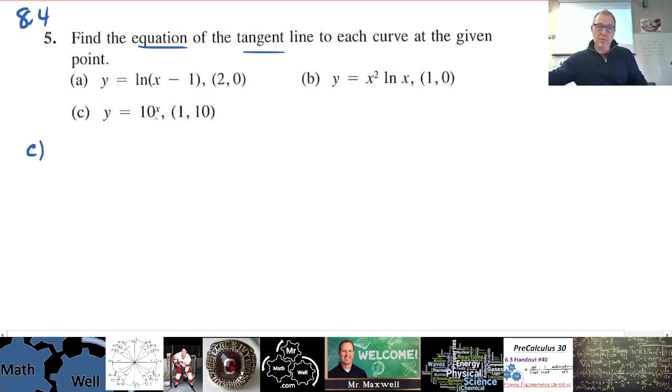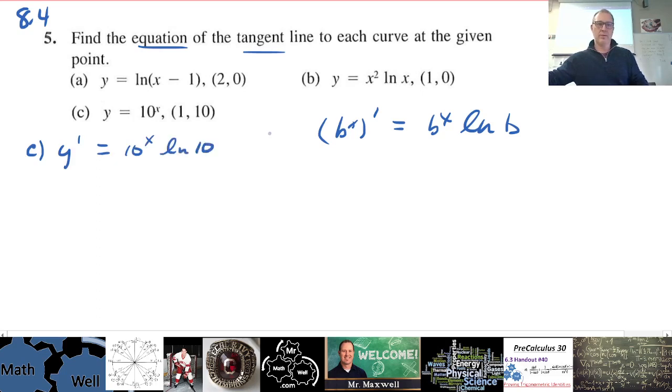So this is a b to the power of x one, right? So the derivative of b to the x is b to the x ln b. So y prime is 10 to the x ln of 10. We okay with that? So that's the expression for the derivative, which means that I can plug any old x value in I want into here, and it will give me the unique slope of the tangent line at that x value point.